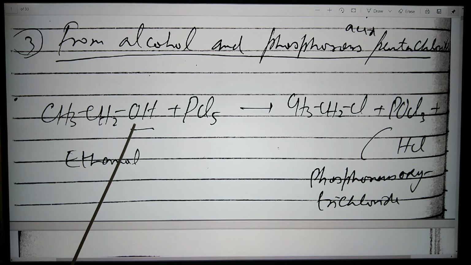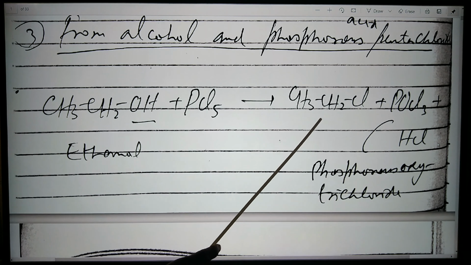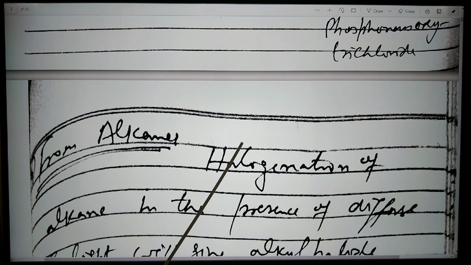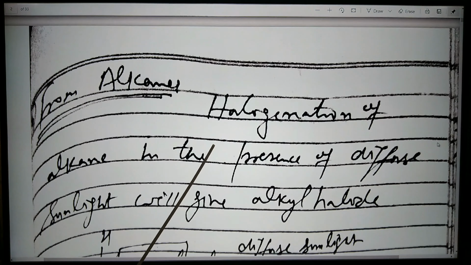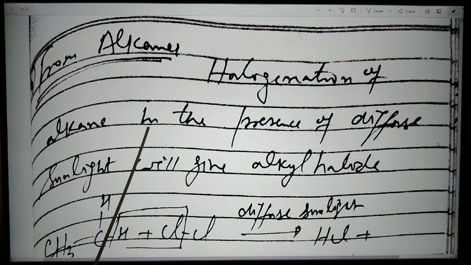So this OH nucleophile is replaced by Cl to form CH3CH2Cl, POCl3 and HCl. This POCl3 is known as phosphorus oxytrichloride, and this is known as chloroethane. It is not essential that we must consider only ethanol. You may take butanol, pentanol and so on.